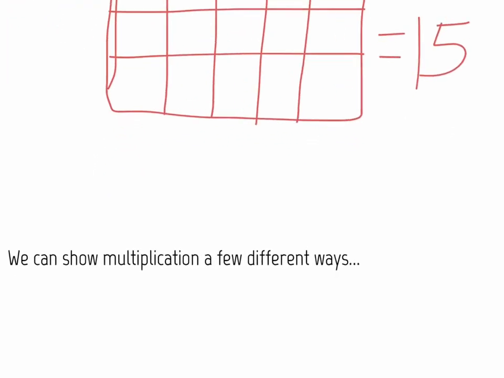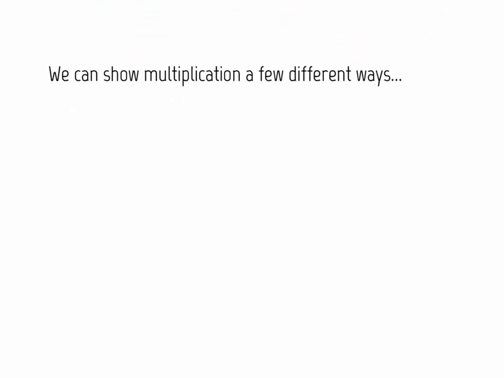Now let's talk about the ways that we can write multiplication. I'm going to show you 3 ways today. There's actually a 4th way as well, but these are the 3 ways when you're using numbers. So the first way is just our standard 3 times 5 written with that x for multiplication.